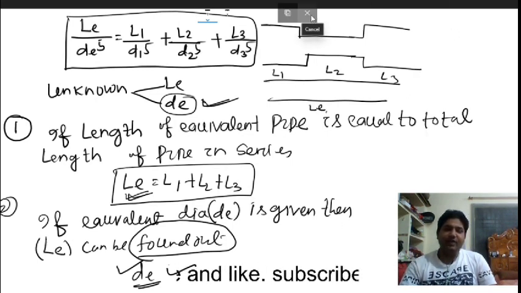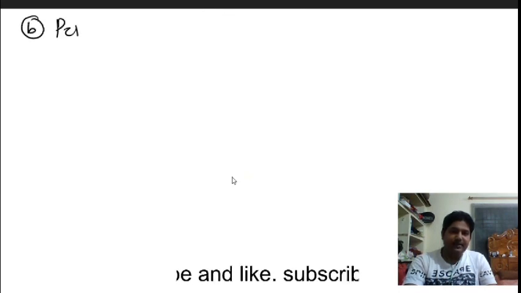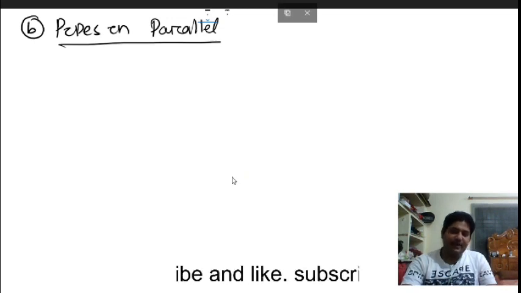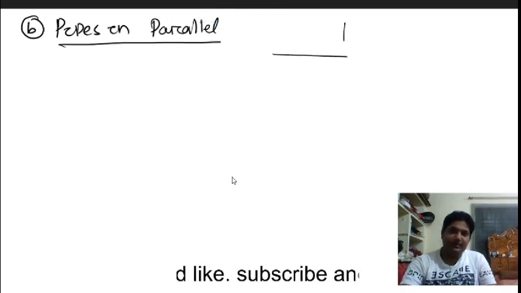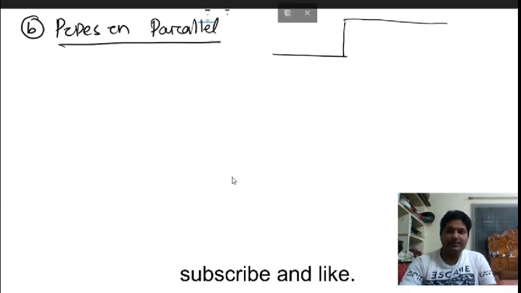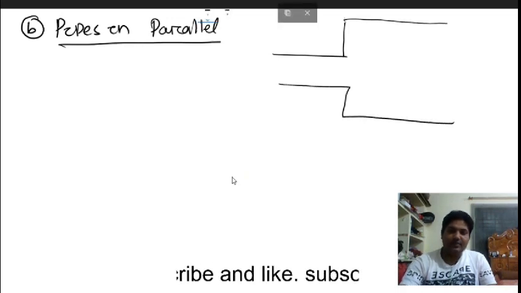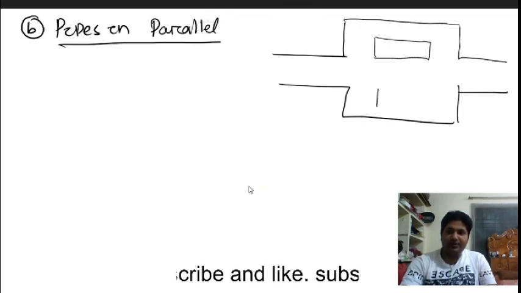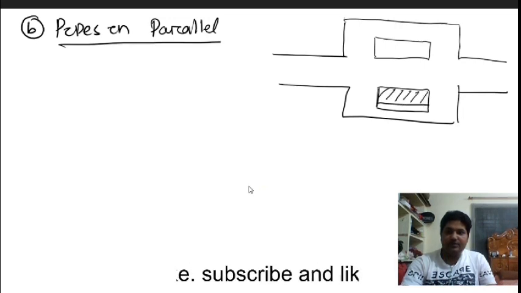Now we are going to talk about the parallel pipes. So the second one is pipes in parallel. Suppose this is one pipe, and this is another pipe like this, in which there is an obstruction.